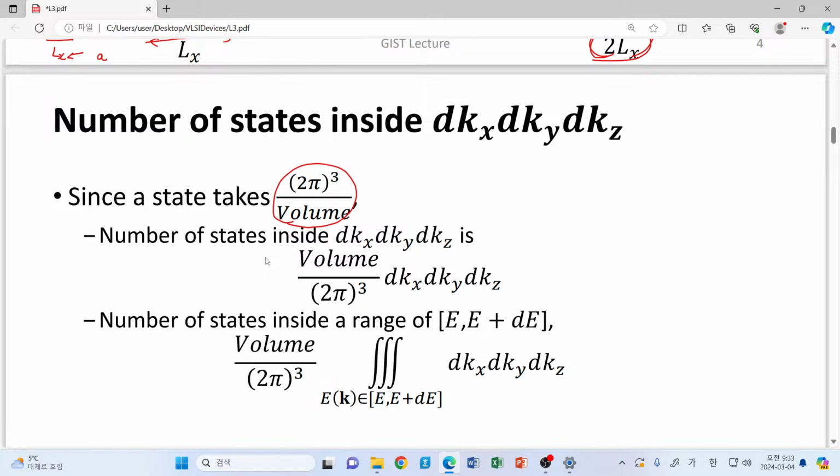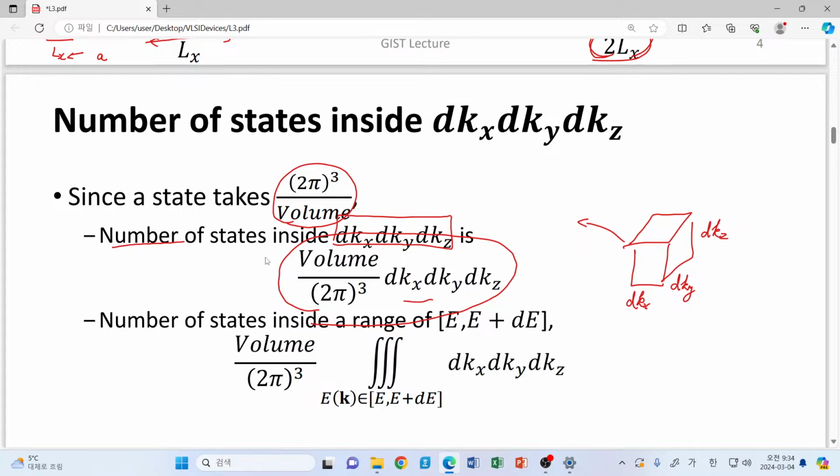So if we have to calculate the number of states inside a certain infinitesimal volume, let's say there is a small volume in our k space, this is dkx, dky, and dkz. Then our question is, how many electronic states are there? Then that should be calculated this way.